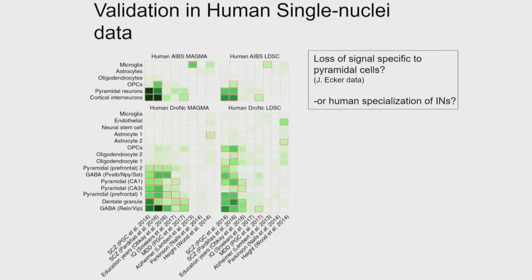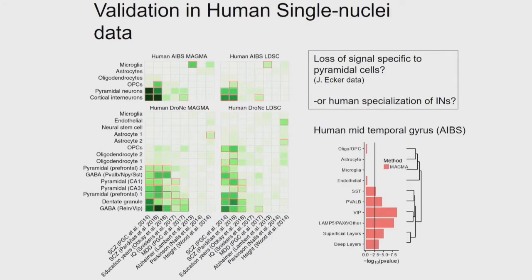We repeated this in a new data set from the Allen Institute, and here we actually do see the GABAergic neurons being even more enriched than the pyramidal cells. So we're trying to find ways to get over this, but the main thing holds true to our finding in mouse.